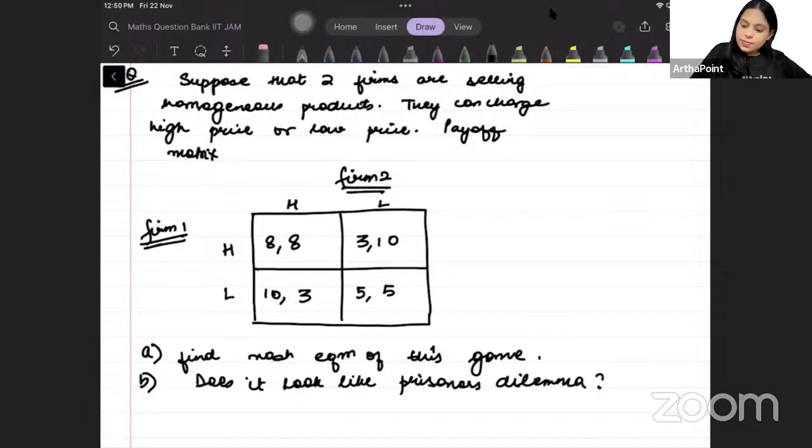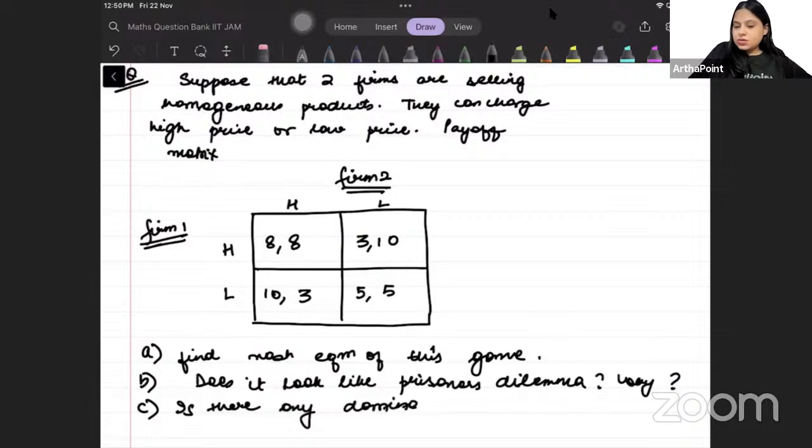Why not? Third, is there any dominant strategy of this game? Explain.